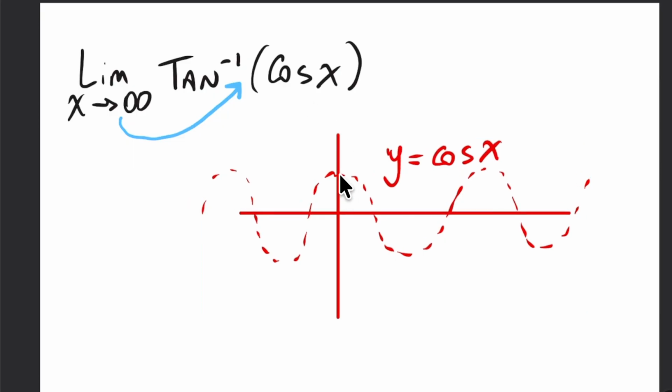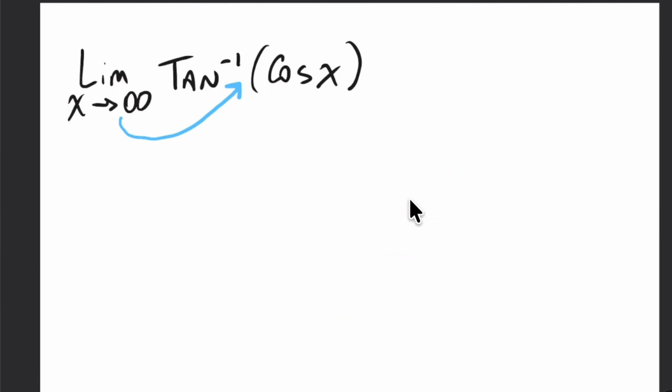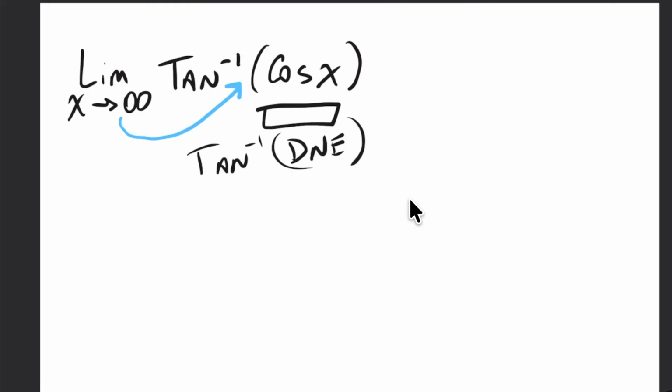But as we know, if you look at the function of the cosine of x, as x approaches infinity, the y value oscillates back and forth between -1 and +1 and does not converge to a single limit. Therefore, that inside limit does not exist. And if this inside limit does not exist, then there is no way we could take the inverse tangent of that.